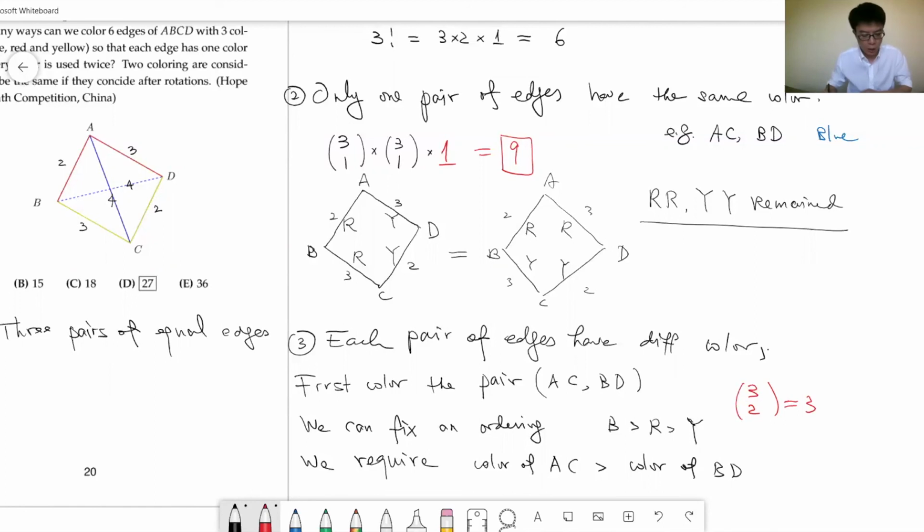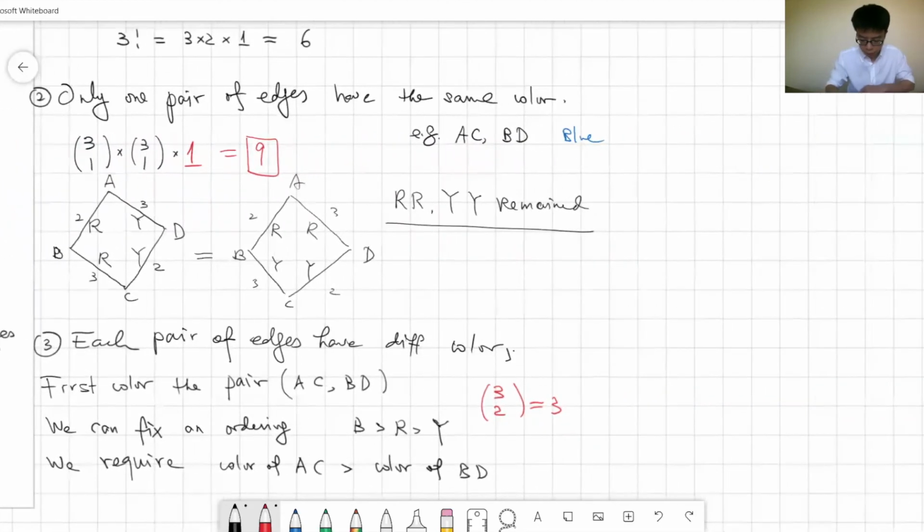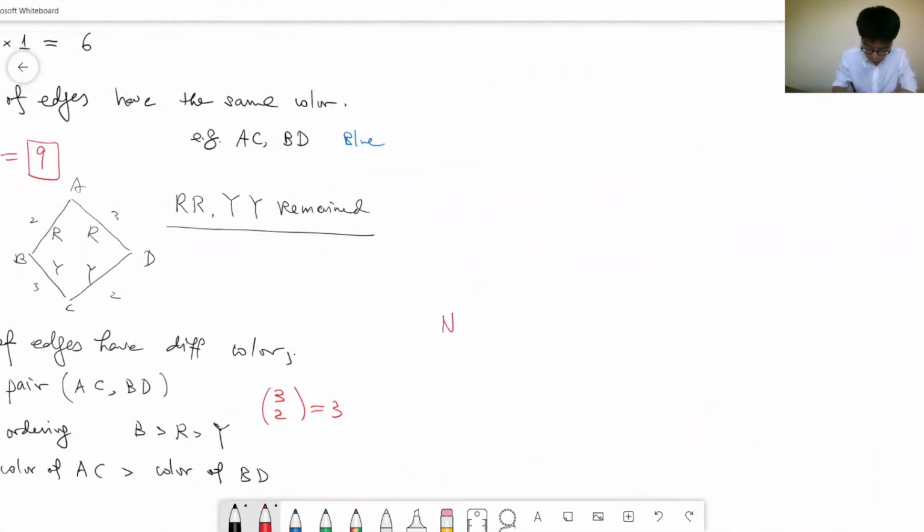Next, let's consider the other four edges. So it's A, B, C, D. Okay. So for example, let me choose these two colors to be blue and R, for example, right? Blue and R for AC and BD.